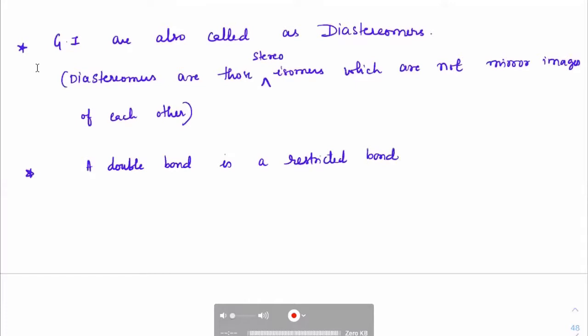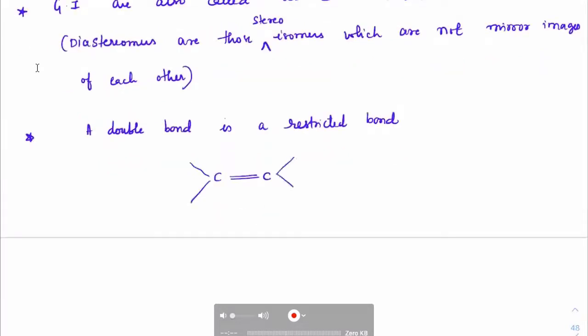How come it is a restricted bond? Suppose you have C double bond C, with a methyl and methyl group on one carbon, hydrogen and hydrogen on the other. If you want to rotate it by 180 degrees with respect to this bond and try to make it C double bond C with methyl and hydrogen, with hydrogen and methyl, it becomes impossible at room temperature.